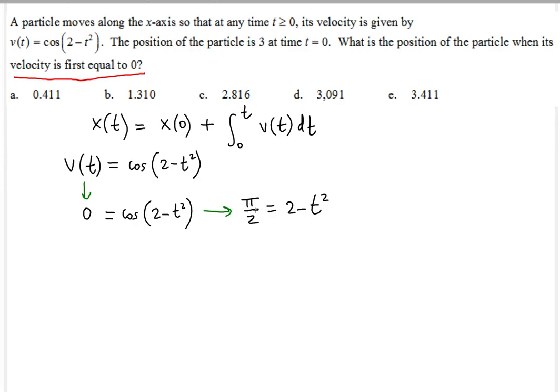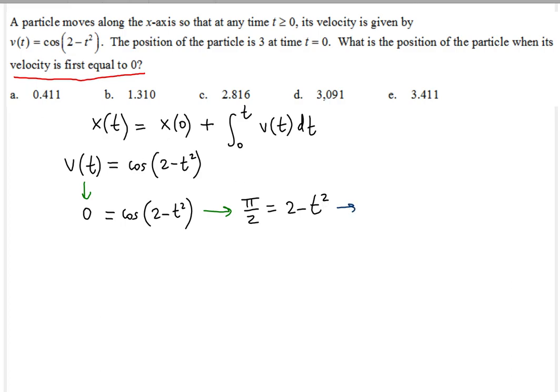Let's say 3 pi over 2, you're not going to use that, because it says first equal to 0. Cosine is first equal to 0 when the angle is pi over 2. Now solving for t should be fairly easy, it's just algebra.